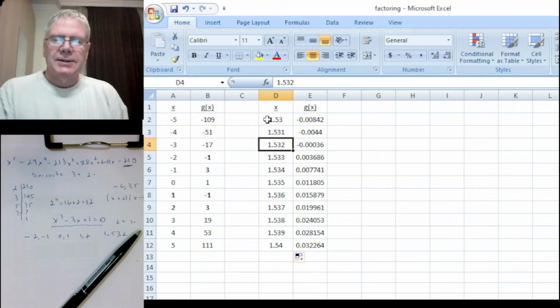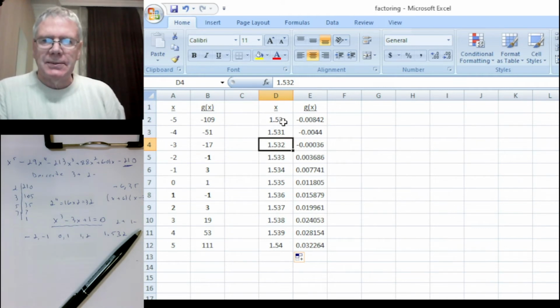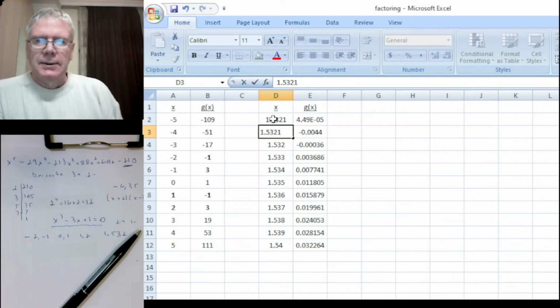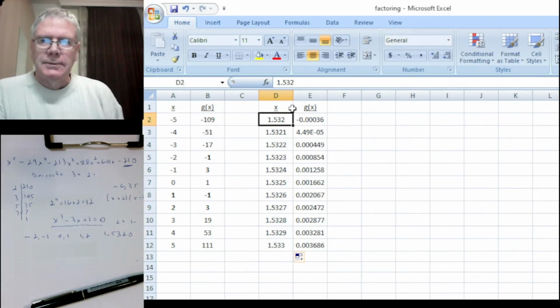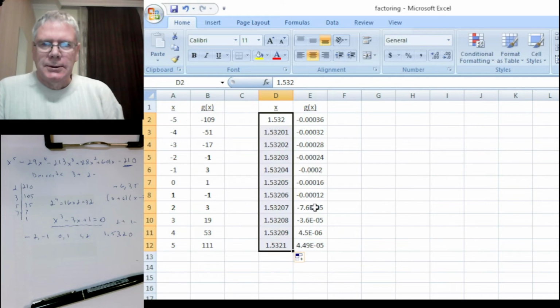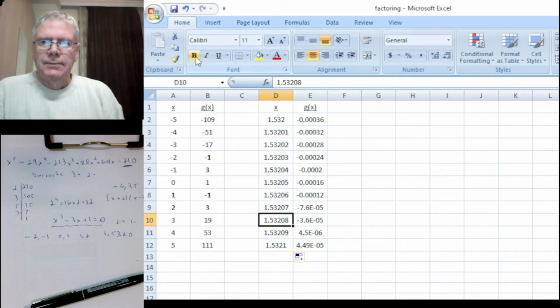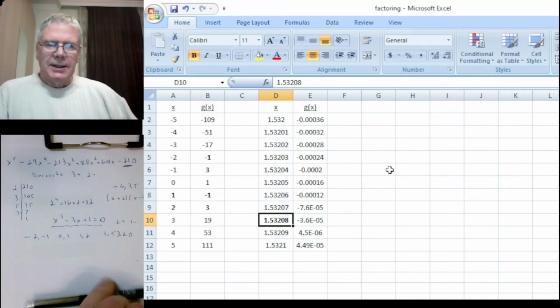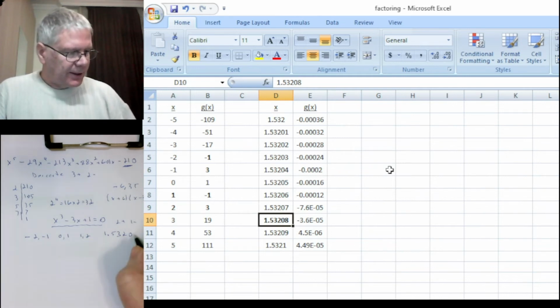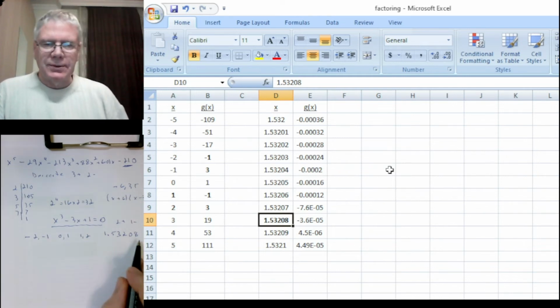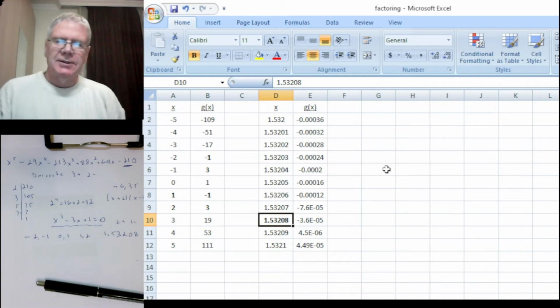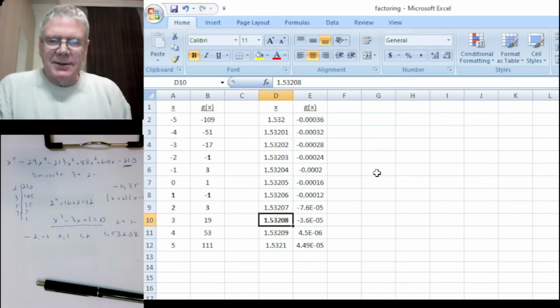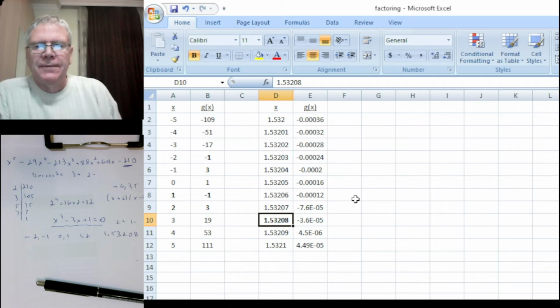Okay, so I'll just finish doing this a bit more. Okay, so I did that a few more times, and I found that I have 1.53208. You can go as long as you want on this, depending how much accuracy and precision you want.